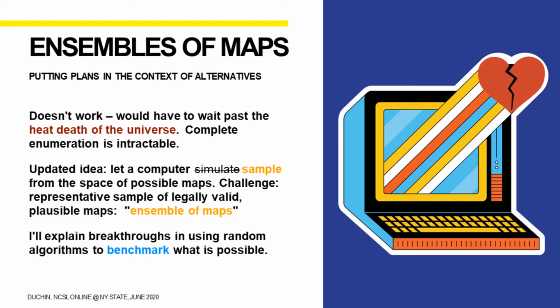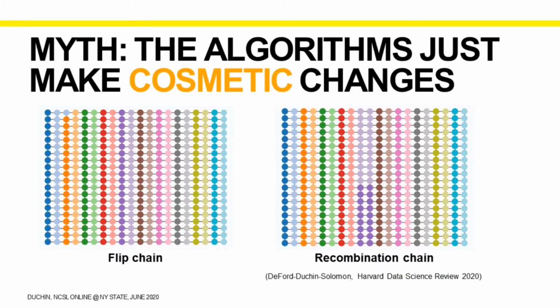That's what I'm going to call an ensemble of maps, the collection of maps that you sample. You can use that to understand how yours behaves. I think this is a big scientific breakthrough in the last 5 or so years. Now there are multiple teams doing scientifically rigorous work to benchmark what's possible for your particular state, your particular moment, your particular voter.